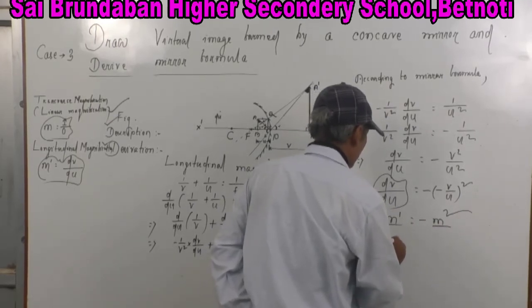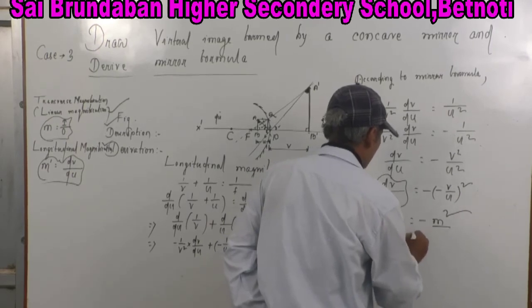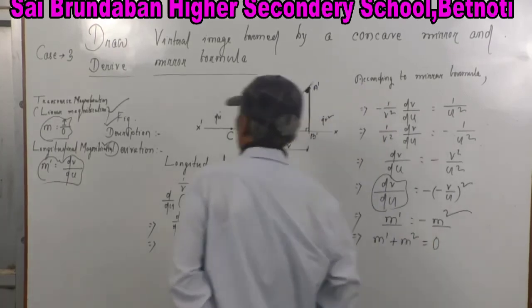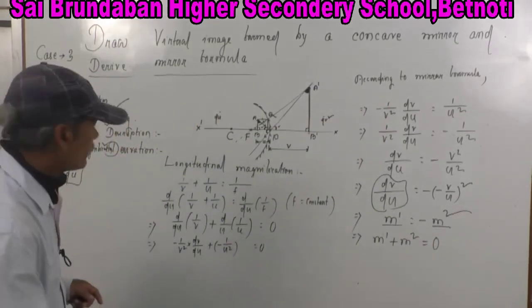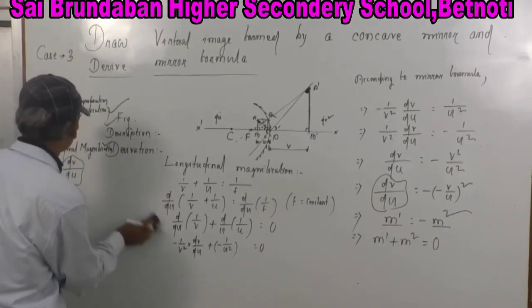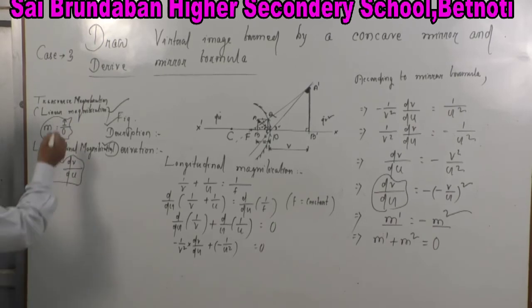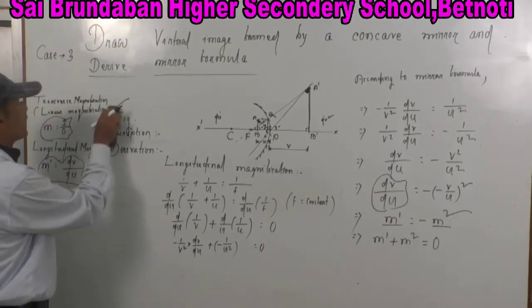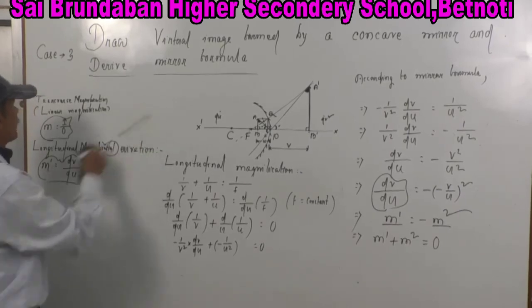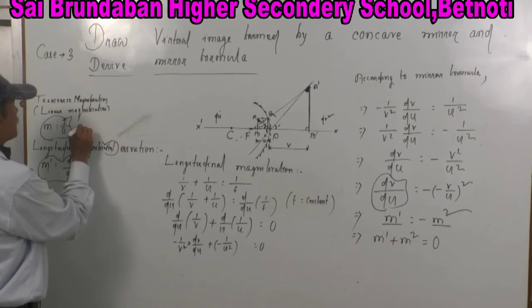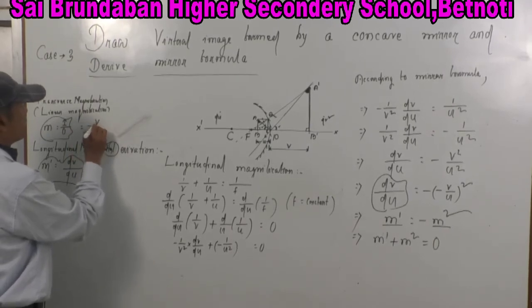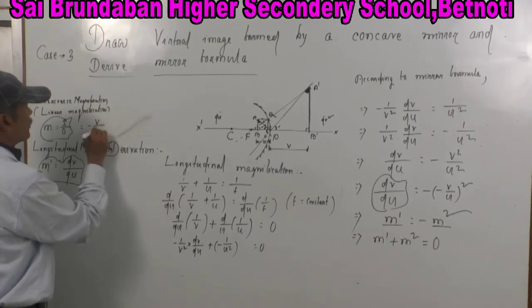One thing I want to tell you, here you shouldn't forget the formulas. m is equal to minus v by u.